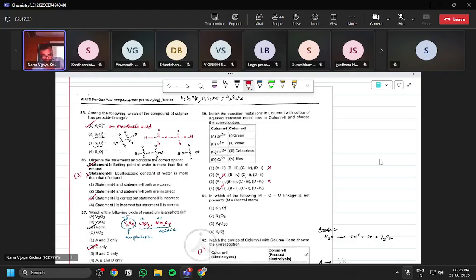No need to check for C. C is 1 means Fe plus 2 green, that is also no. Vanadium plus 2 violet is correct, I think so. Chromium plus 2 blue. Yes, correct, I think so. So B2 D4, option 4.